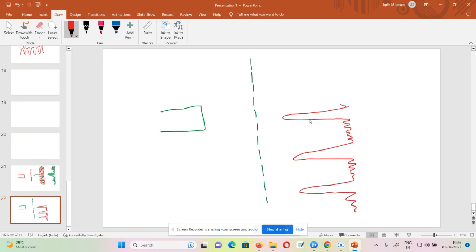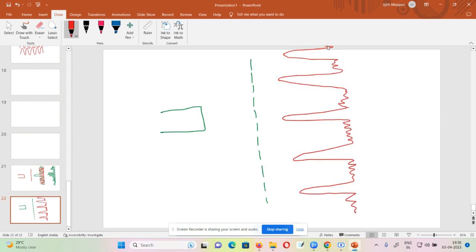You will get something like this: a minimum, and that's the maximum, minimum, maximum. This is the combined effect of the diffraction and interference of a large number of slits.